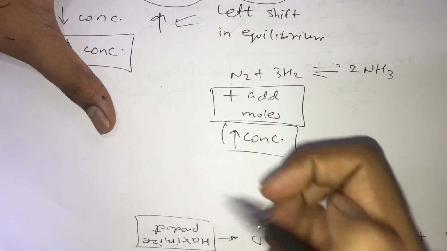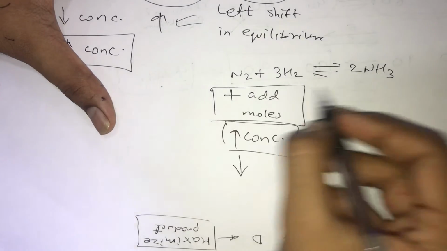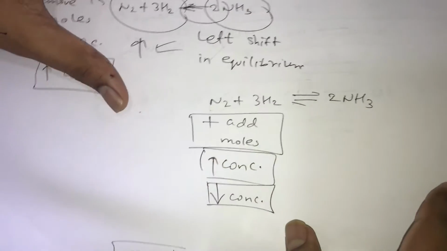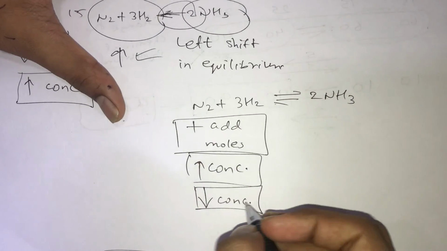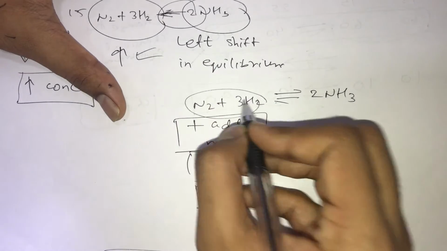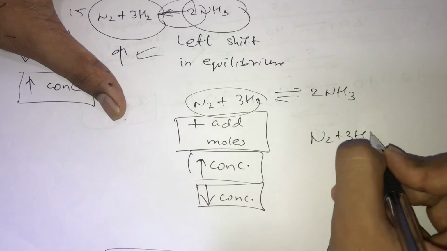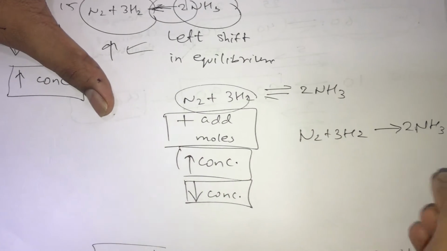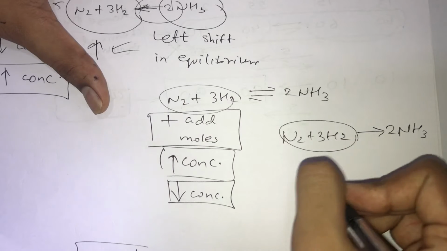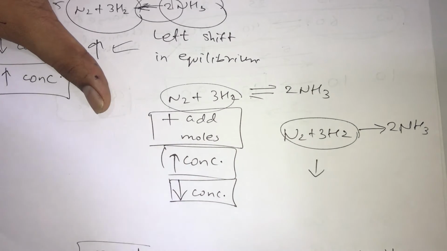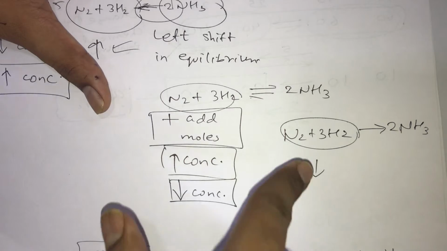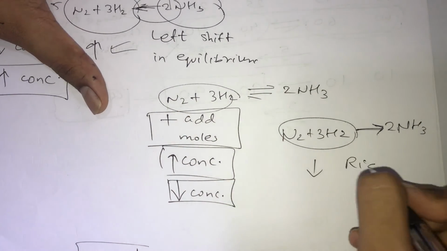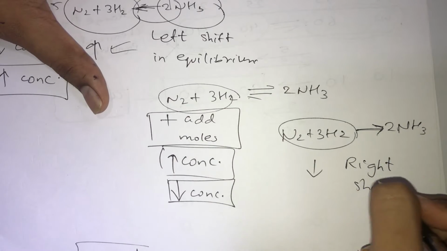When you're increasing the concentration, it is obvious that the chemical reaction will try to decrease the concentration. And how is the chemical reaction going to decrease the concentration? By reducing the reactants, that is, it will dominate the forward reaction now, so that the reactants decrease. Why? Because you have increased the concentration, the reaction will do the reverse of it, it will decrease it. So here, since the forward reaction is dominating, we say it is nothing but a right shift in equilibrium.